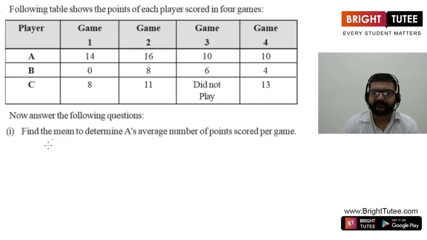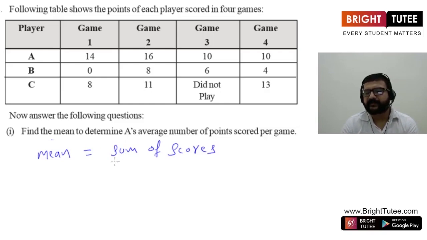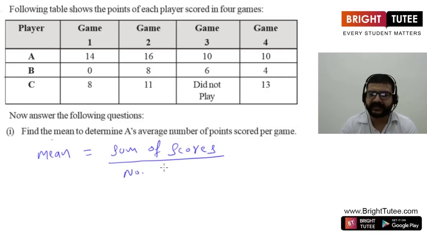Now for finding the mean, we know we have to find the sum of observations, or we can say the sum of scores made by player A divided by the number of games played by player A, or basically we can say it is the sum of observations divided by the number of observations.